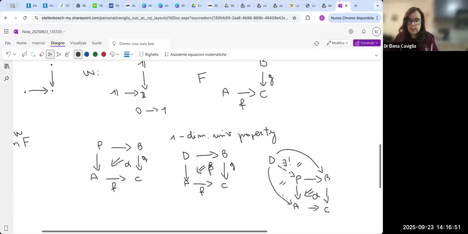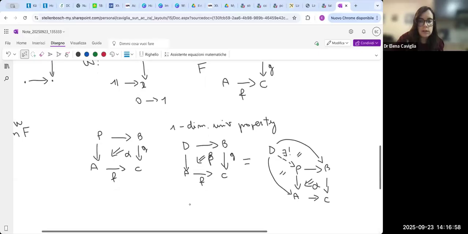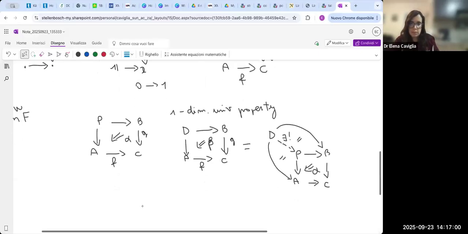And this pasting that we get is precisely equal to beta. So our starting 2 cell. So this is the one-dimensional universal property.